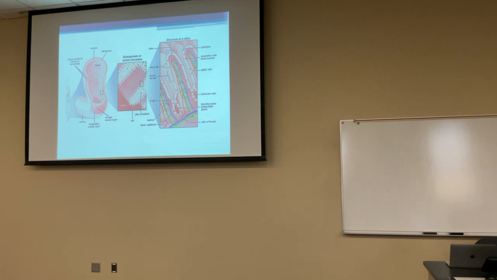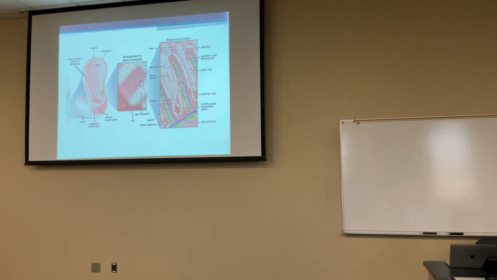Then this middle diagram shows the villi, the little finger-like folds. And if you look very closely at the luminal border of the columnar cells, you'll see microvilli. Since those are so small, they increase the surface area for absorption much more than the other features.